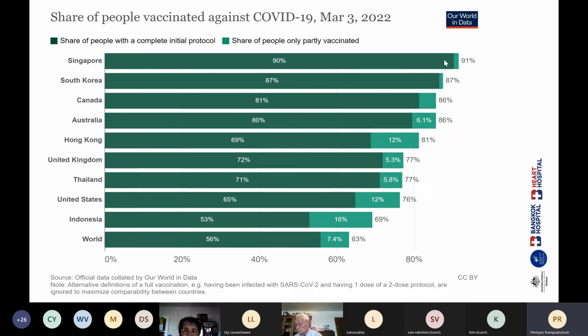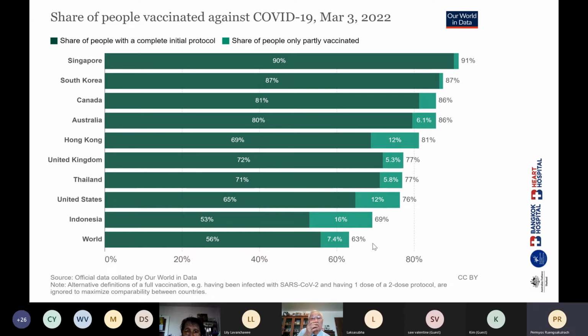Singapore, you remember, the incidence of infection is very high now, even though they have 90% vaccinated, okay? 90% of the population has the vaccine, but they still got a lot of infection. Same in Korea, 90% got vaccine, still have a lot of infection. Also, Thailand now is only 70, 80% vaccinated.